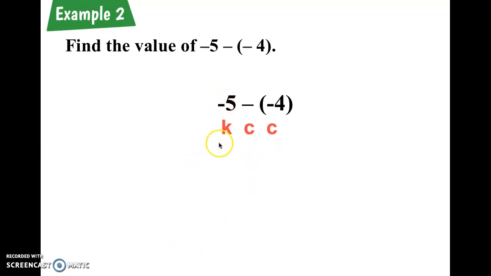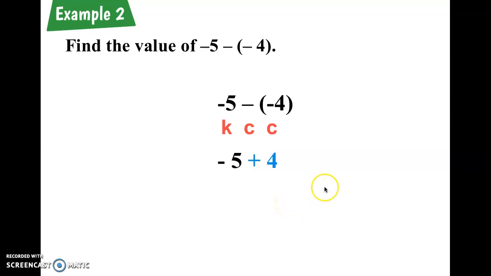I'm going to keep the -5, change subtraction to addition, and change this negative into a positive. So our new problem is going to look just like this: -5 plus 4. Remember, you are copying all of this down. Your notes should look just like this. I have a negative and a positive.